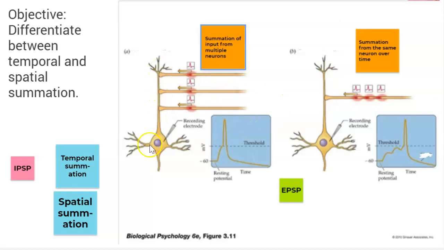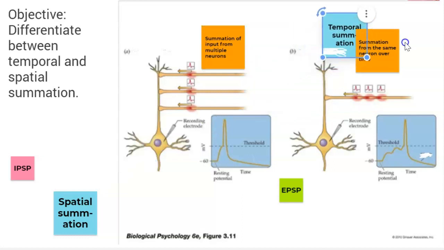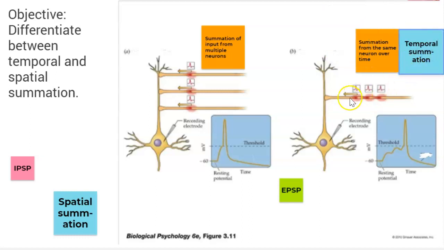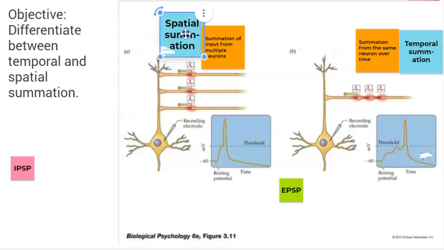So the temporal summation, temporal just means time, so this is the addition of action potentials leading to EPSPs, excitatory postsynaptic potentials, over time from the same neuron. And then this one is you basically adding them up over space. So this one is spatial summation because you are adding them up across multiple different neurons.